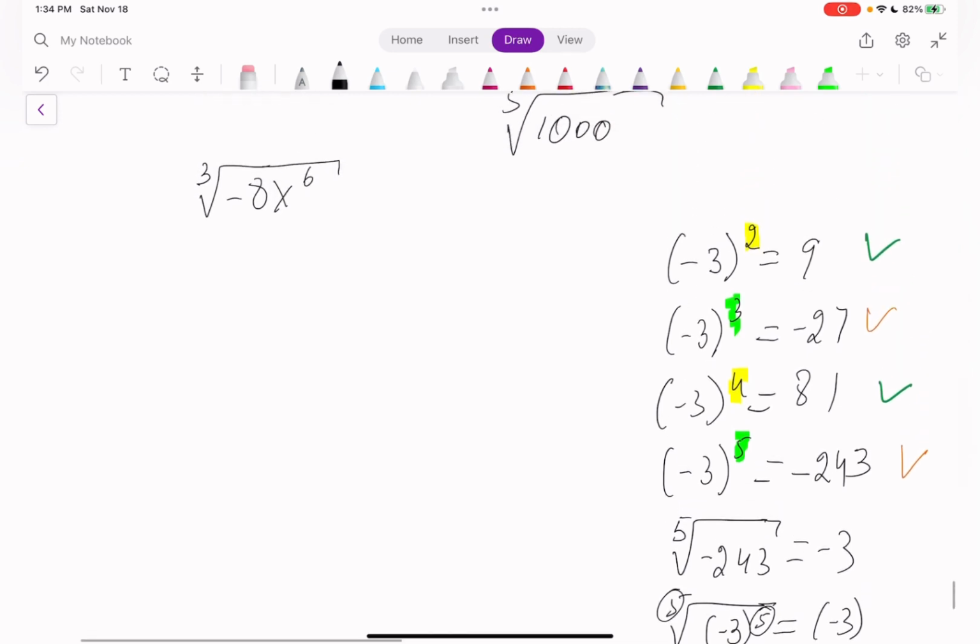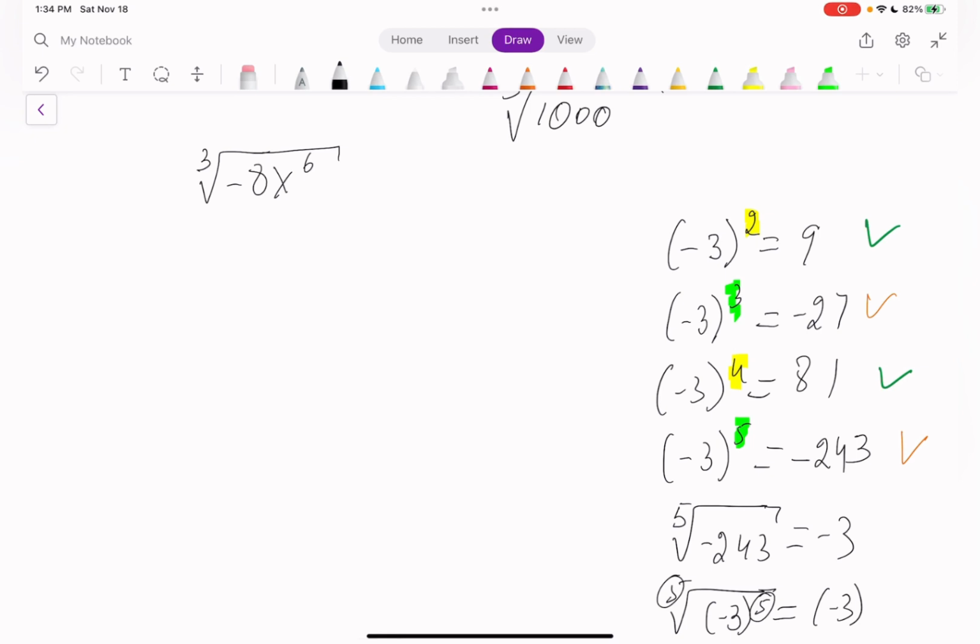Now we have negative 8x to 6. Negative 8 under radical degree 3, I can write down as negative 2 to power 3, correct? Negative 2 to power 3, I will get negative 2. How about x to power 6?